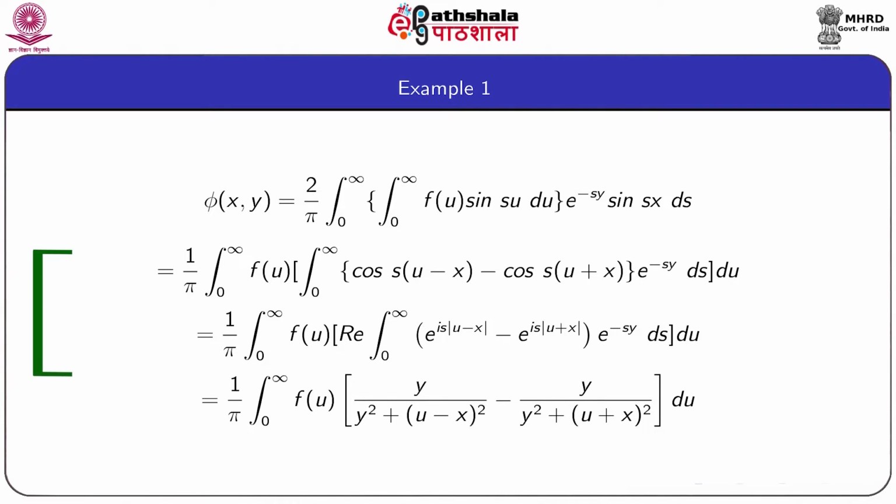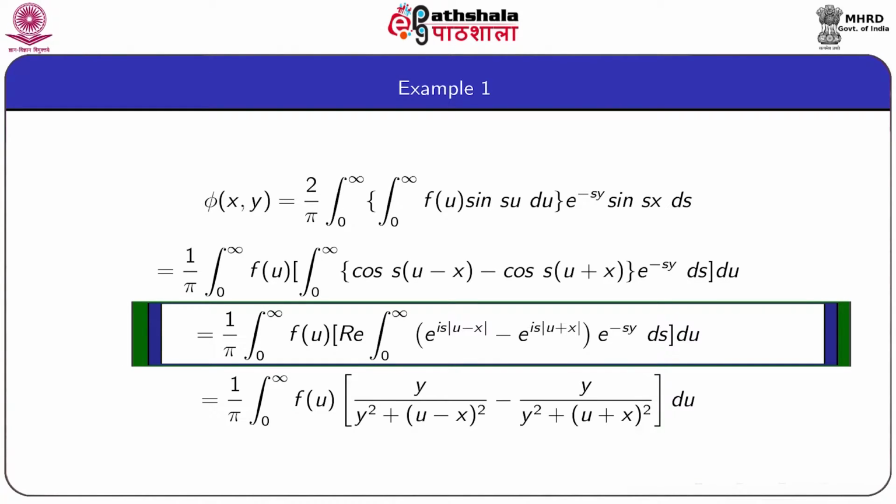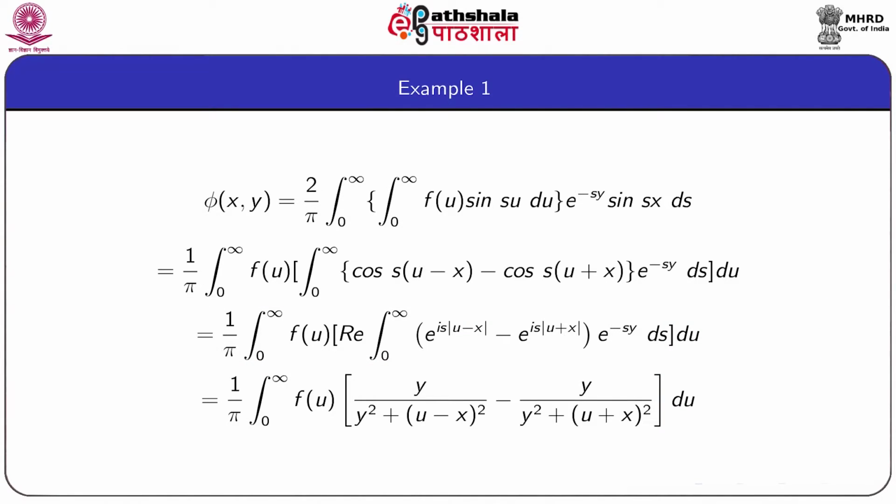Here, instead of cos s u minus x, we write this as real part of e to the power is u minus x, and instead of cos s u plus x, we write real part of e to the power is u plus x, so that phi xy is equal to 1 by pi integral 0 to infinity fu real part of integral 0 to infinity e to the power is u minus x minus e to the power is u plus x e to the power minus sy ds du.